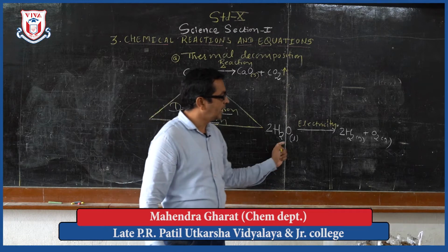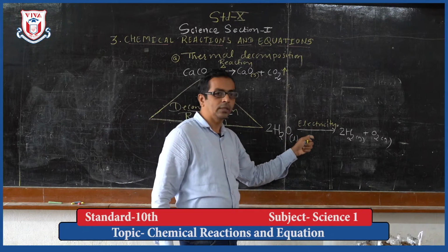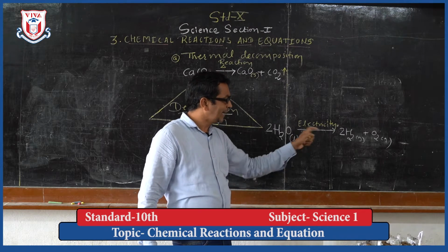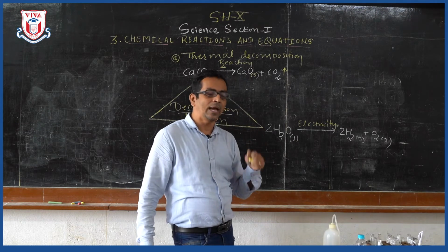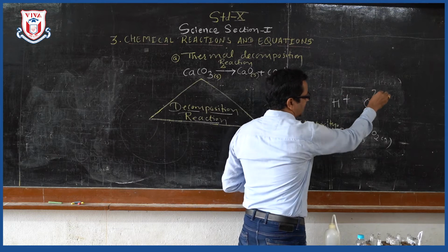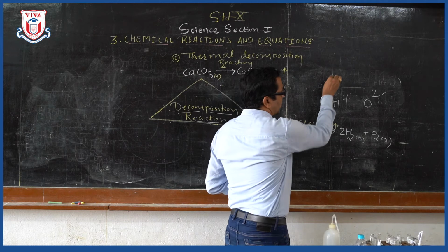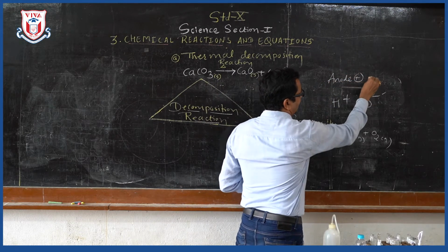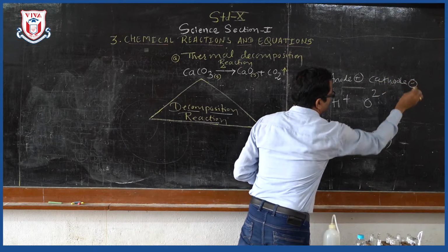So here you will find that this reaction is carried out in the electrolytic cell. In that electrolytic cell we have 2 electrodes, one is the cathode and the other is the anode. Hydrogen has a positive charge, oxygen has a negative charge, and the anode is positive and the cathode is negative.